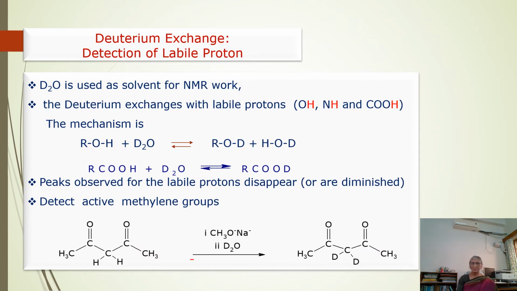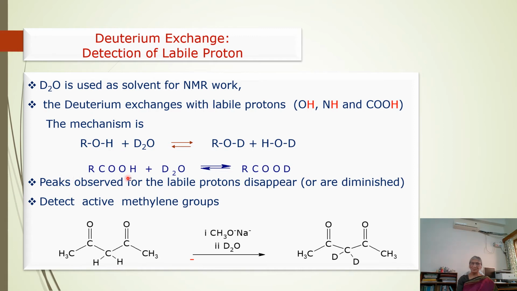Hydroxyl protons, acidic protons, and protons present on nitrogen are known as labile protons. They are known as labile protons because they can be exchanged by deuterium. So when alcohols are treated with deuterium oxide, the hydroxyl proton is replaced by deuterium and we get ROD and HOD. So the signal for the labile proton will be absent when the spectrum is taken in the presence of deuterium oxide.